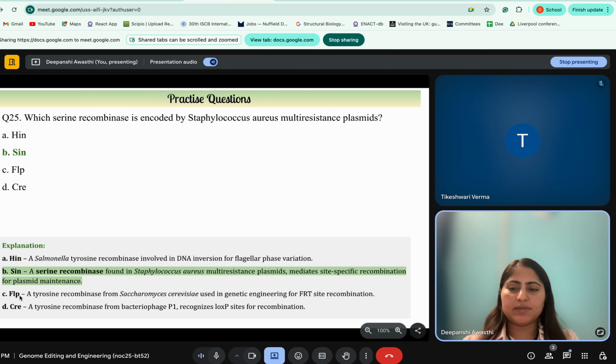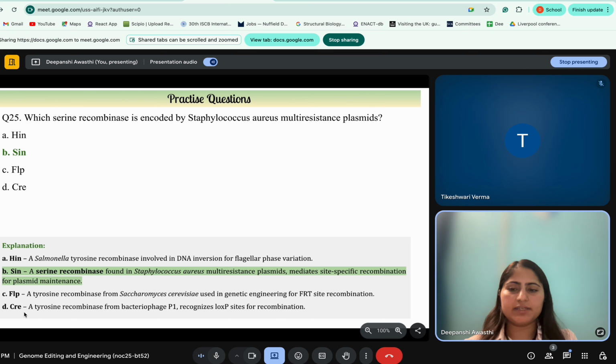If we talk about FLP, then it is also an example of tyrosine recombinase, and it is obtained from Saccharomyces cerevisiae, which is the yeast, and this is used in genetic engineering for FRT site recombination. So for Cre and FLP, we discussed that FLP recognizes the FRT site.